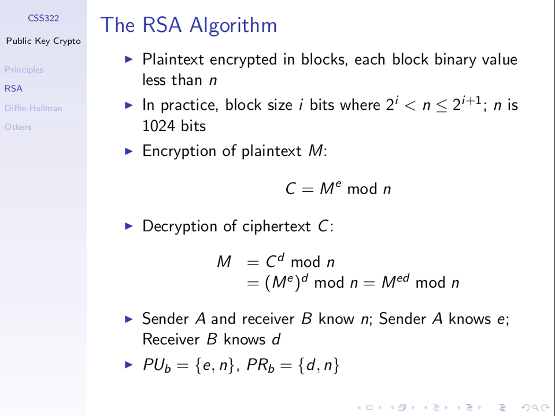Our condition so far is that E times D need to be multiplicative inverses in the mod of totient of n. For E to have a multiplicative inverse, E and the totient of n need to be relatively prime.